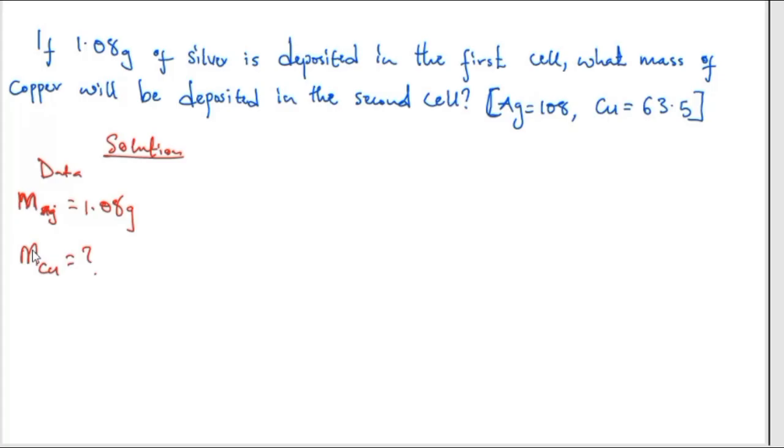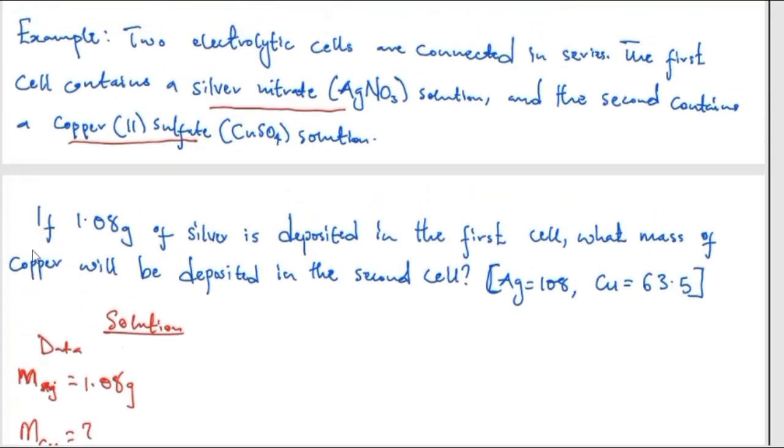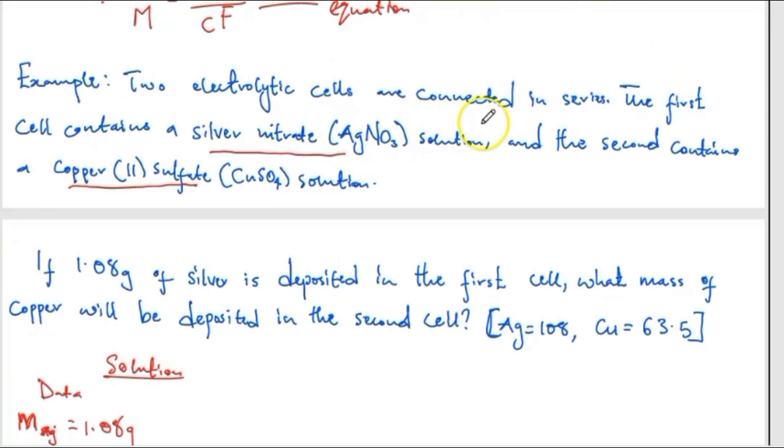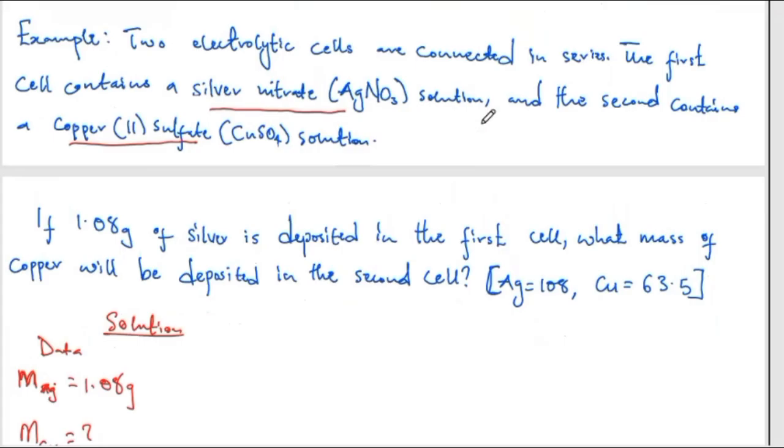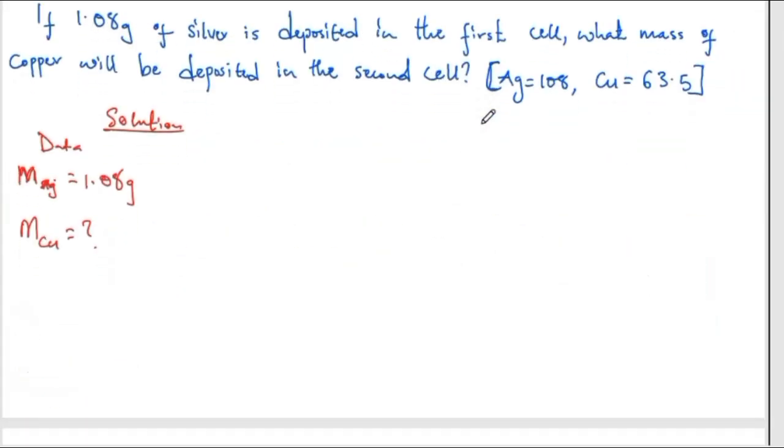In the second cell. So how do we know? Because they say they are connected in series, and in series connection, your current is constant. The same current that passes through the first electrolytic cell passes through the second electrolytic cell. So from that statement that they are in series, I know that the current is constant. So therefore, I will say my N1 C1, which is charge, is equal to N2 C2.